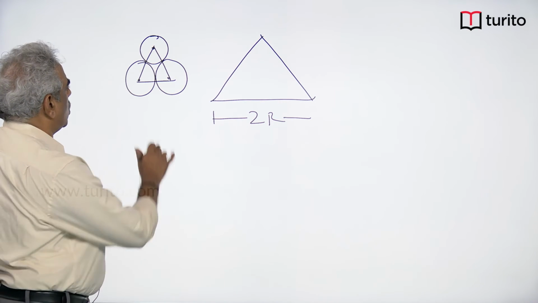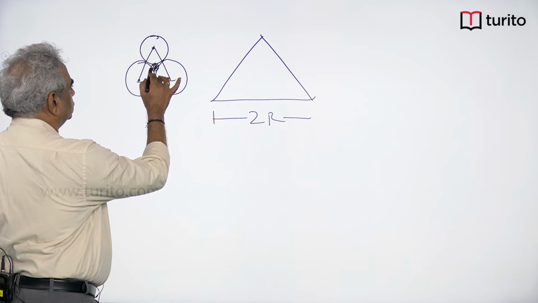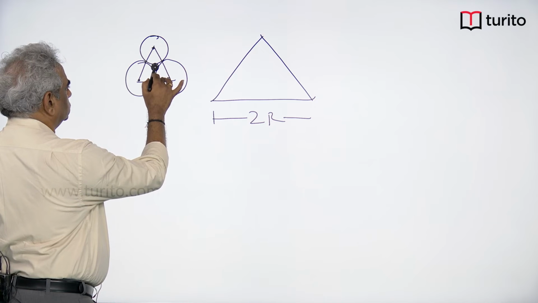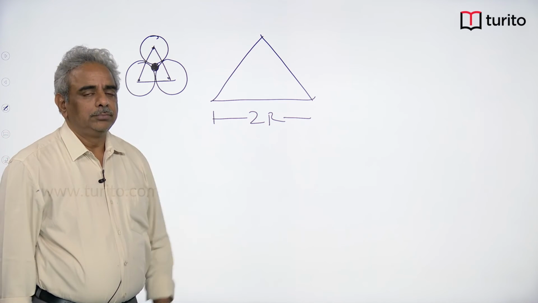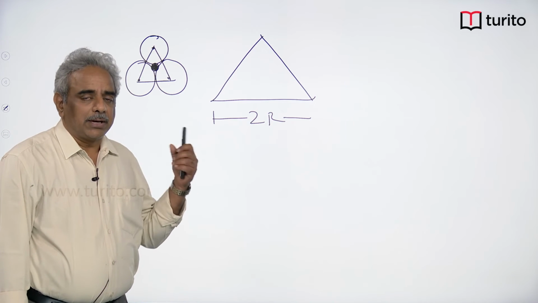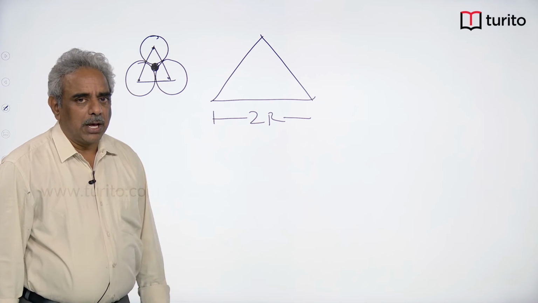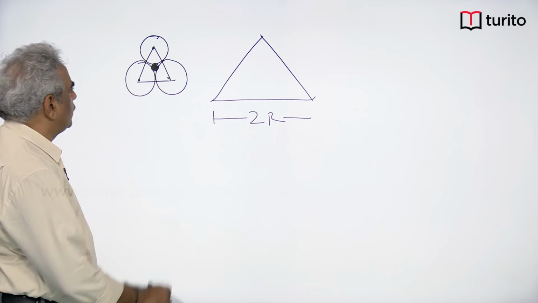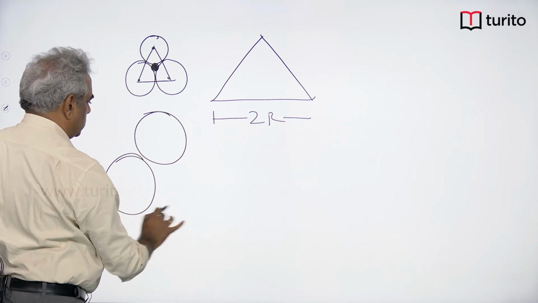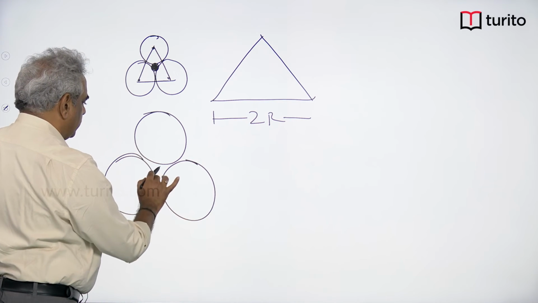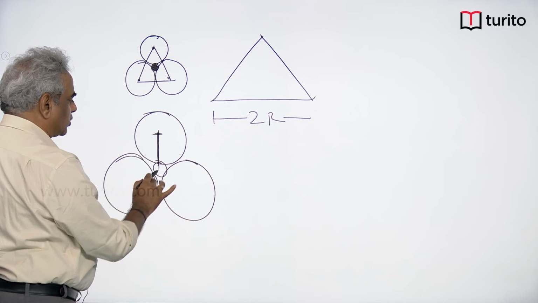And I would like to know the small sphere's radius, that is the void, that darkened one is the void. I want the radius of that, let it be small r, and the radius of this is big R, capital R. Now if you see carefully, if I keep a small sphere here, this distance makes what?